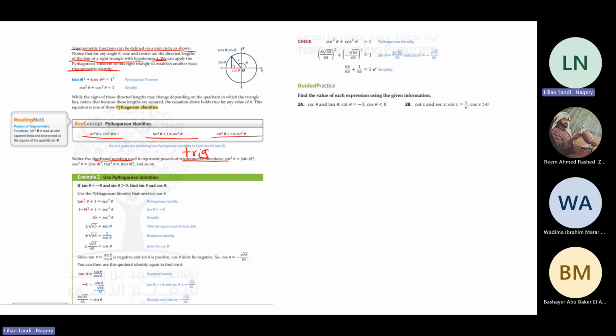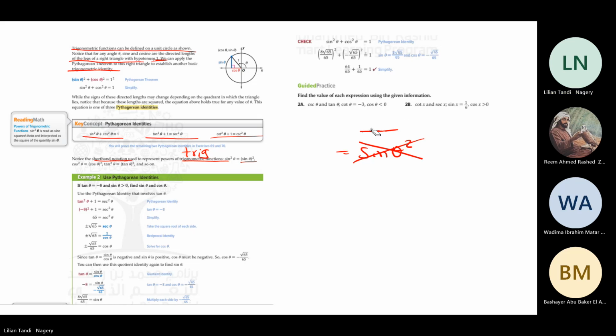So sine squared is just sine of the angle, squared. You have to use parentheses. Remember, sine squared is sine of the angle and you square this. If you write it like this, you're only squaring the sine. No, you must square the sine and the angle. This is what is correct.